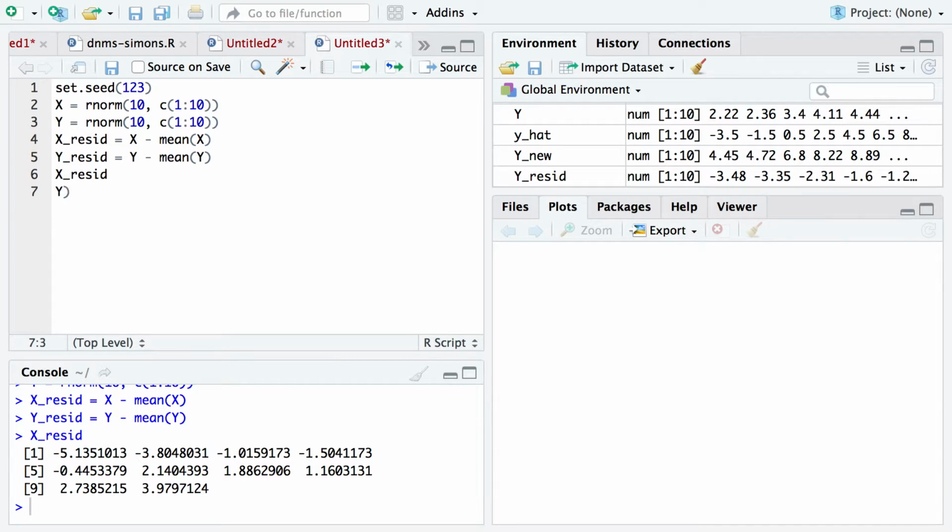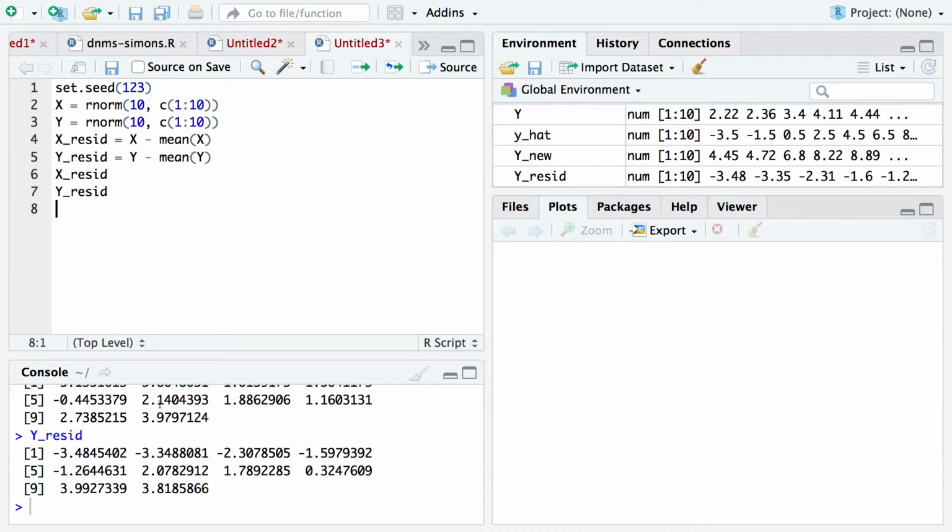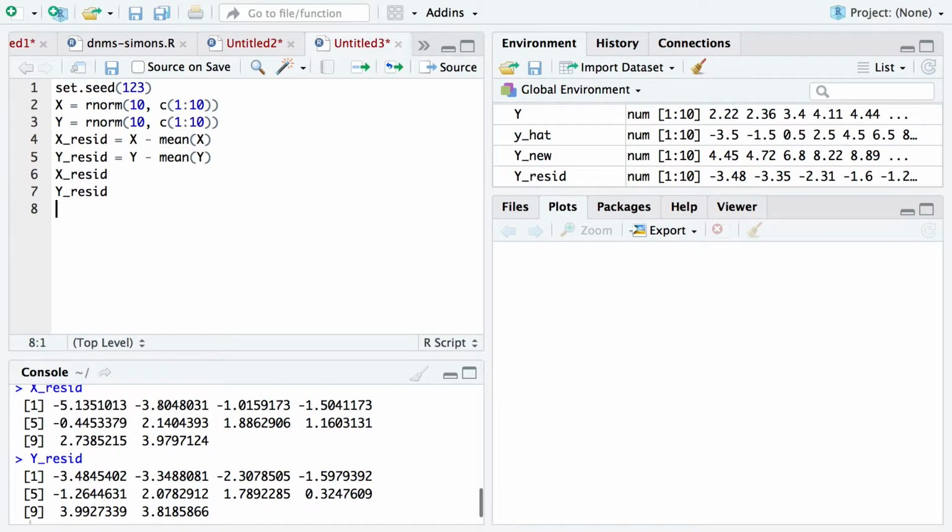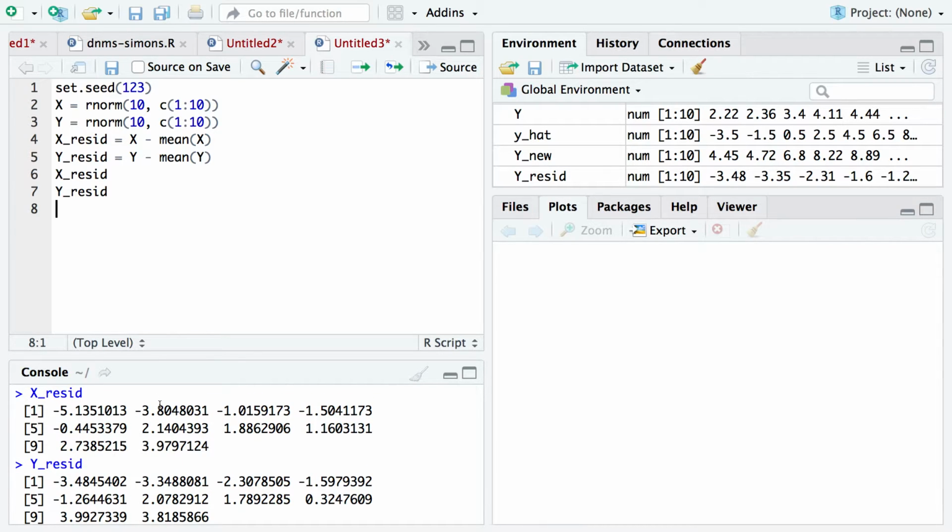And so if we look at both the x and the y residuals, and you can look at this on your machine, what you can probably already tell is that on average, smaller than average values of x tend to correspond with smaller than average values of y.